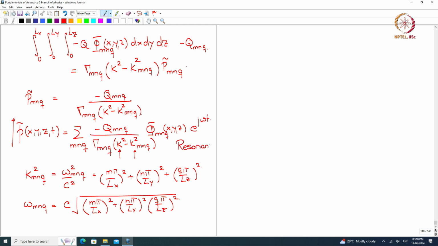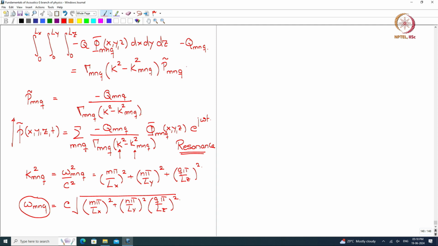That is resonance. And the resonance frequency in radians is given by this. At this frequency the particular wave number is k m n q, and therefore when k square matches k square m n q, you get a resonance.